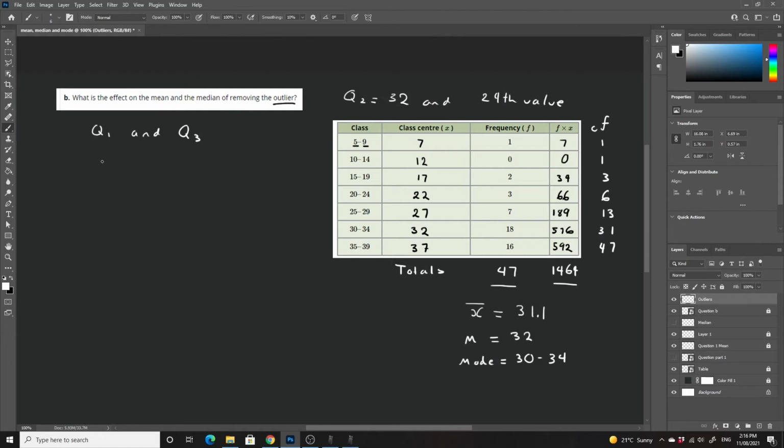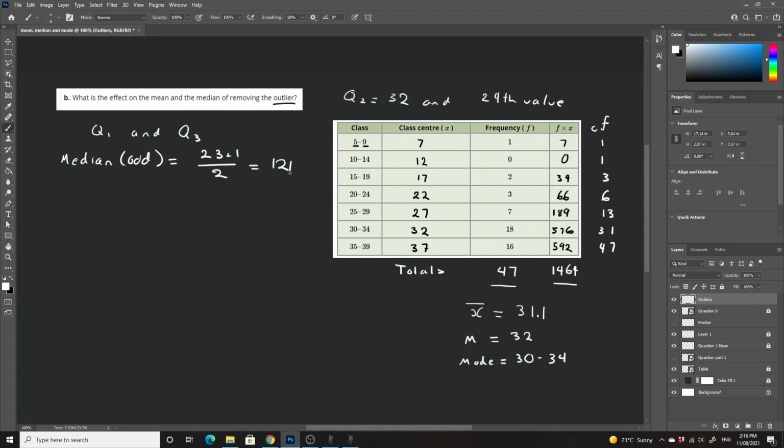So we need to find the median of our first 23 values, and our last 23 values. We use the same formula because we have an odd number. It's going to be equal to 23 plus 1 over 2, which is equal to 12.